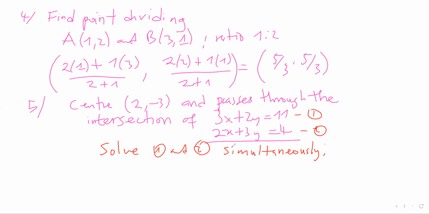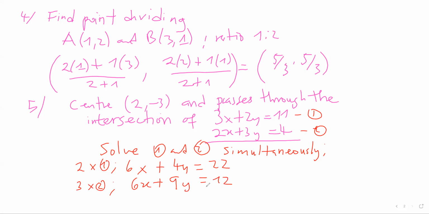And that means you multiply equation 1 by 2, and this gives us 6x plus 4y is equal to 22, and then you multiply equation 2 by 3, and this gives us 6x plus 9y is equal to 12.